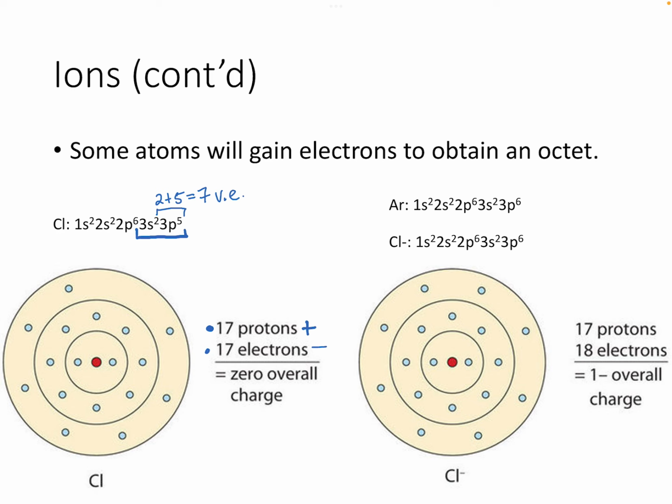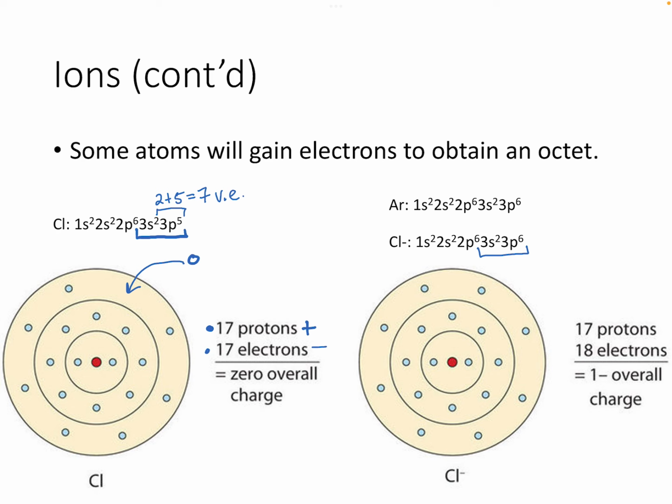Chlorine can gain an electron from another atom, and its electron configuration, instead of the end being 3s2, 3p5, is now going to be 3s2, 3p6 because we gained an electron. So again, just imagine an electron from another atom coming in and adding to chlorine.